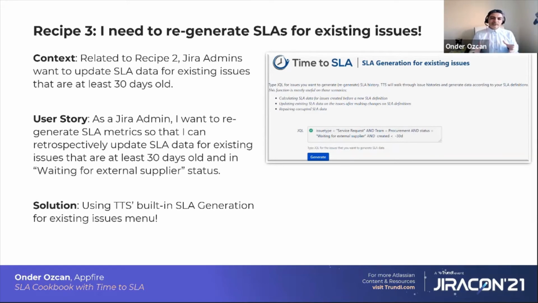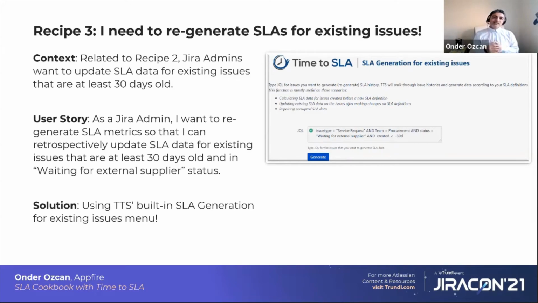So all you need to do is formulate your JQL statement so that you can narrow down the existing issues that match your exact needs, right? So in this particular example, issue type should be service request, and the team is procurement team, and created within the last 30 days, which is a very simple JQL statement.